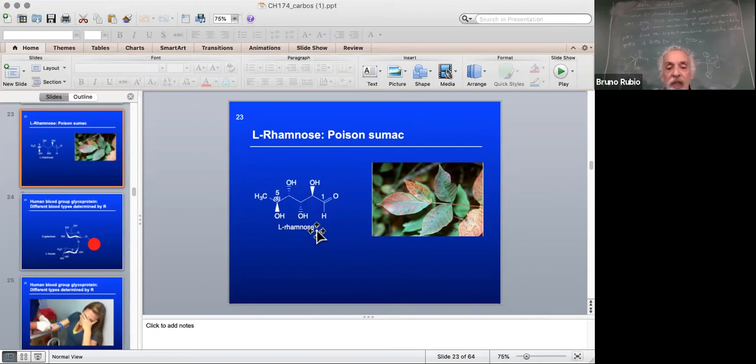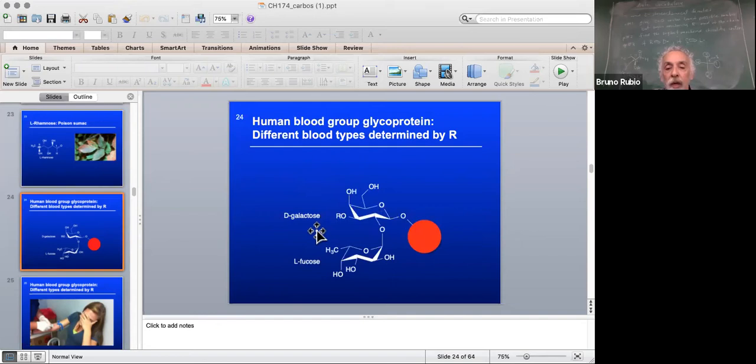Sugar, it's not just for dinner, right? Sugars are messenger molecules. So you know about the blood types. Maybe we talked about this earlier in the semester. The various blood types result from the presence of carbohydrate residues on the surface of the blood cell. So this is supposed to be the blood cell.